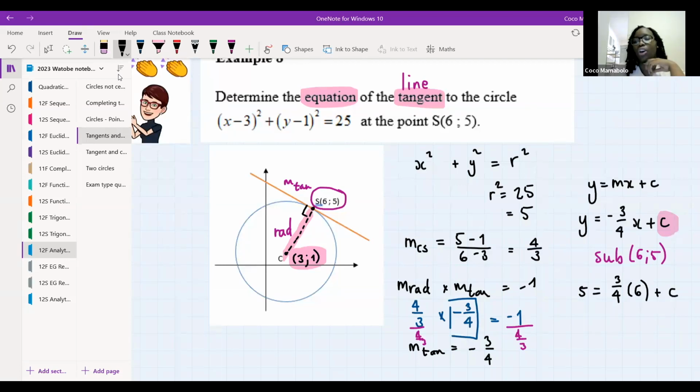And if we solve for c over here, I'm going to get 9 over 4. 5 is equal to 18 over 4 plus c. 5 minus 18 over 4 is equal to c. 20 minus 18 over 4, that should give us a half.